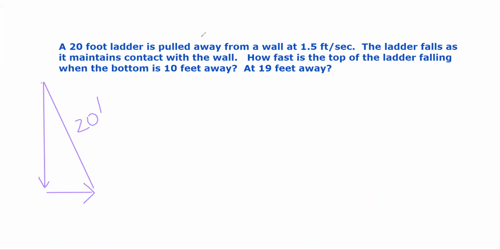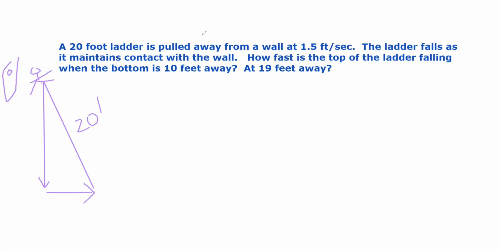So what's going to happen is, as the ladder gets pulled away from the wall, the guy on top is going to fall. I've told folks in the past that that's Romeo at the top of the ladder. Juliet is over here in the window.